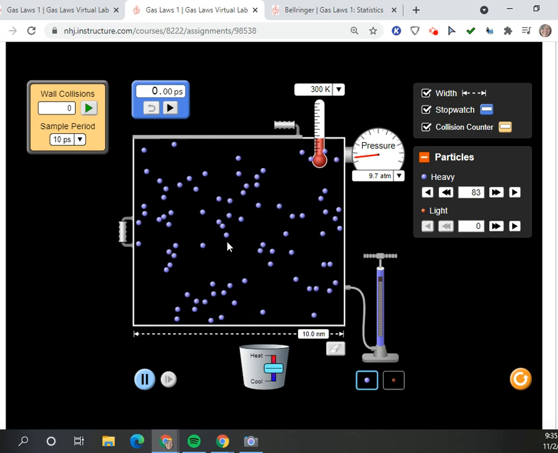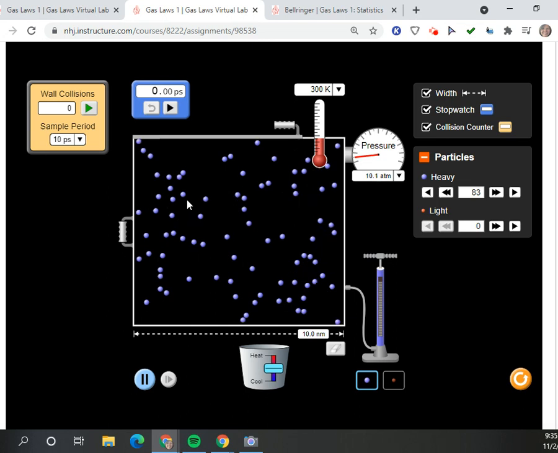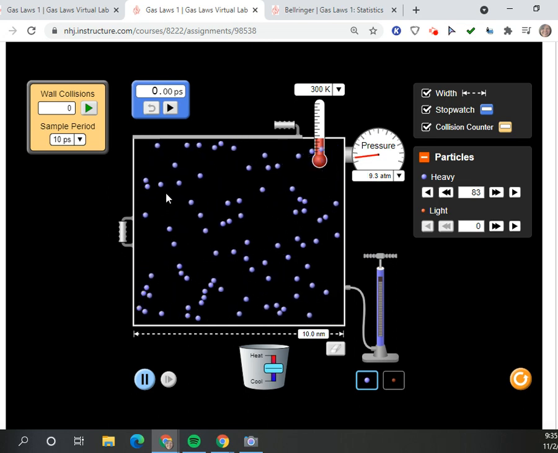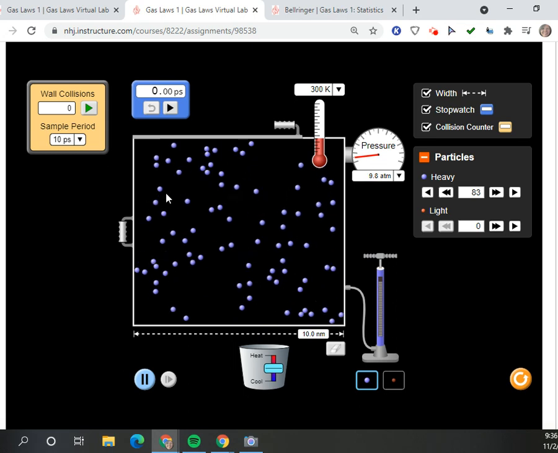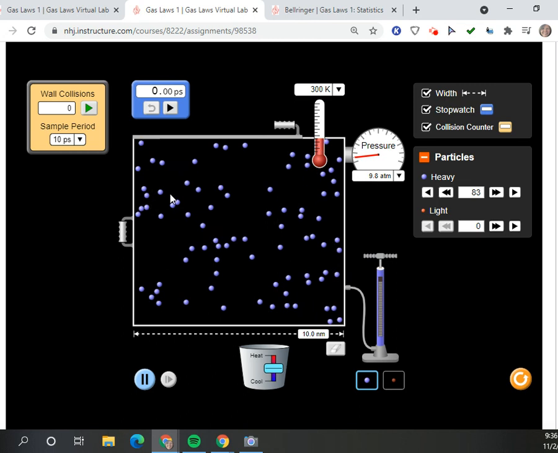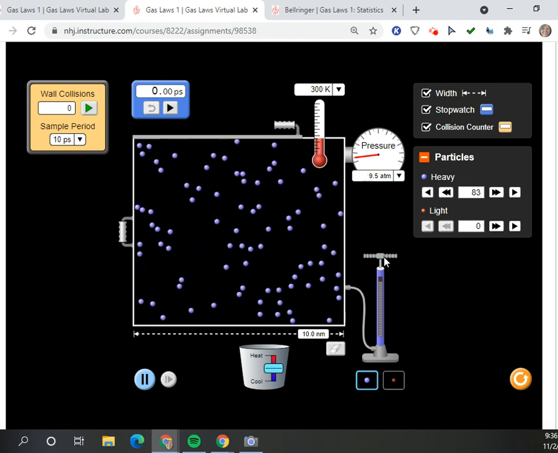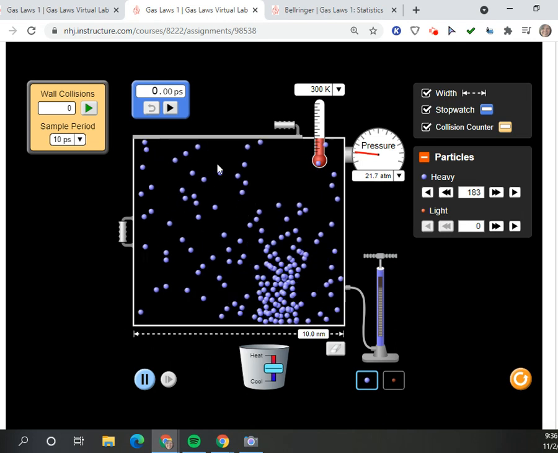Our little atom friend. Oh, it hit something. So there's no specific direction it's going to go. It's kind of like if you were at a pool table, they're going to go all different directions when they make a collision. There's one observation. Yeah, they go in a straight line until they hit something.